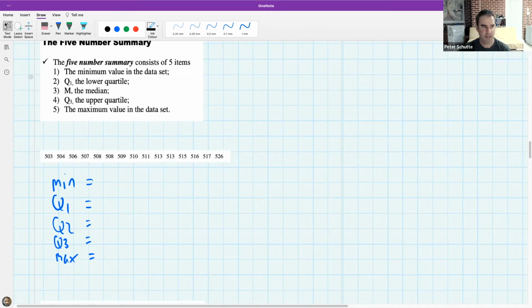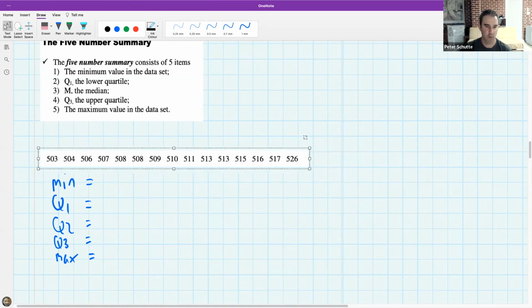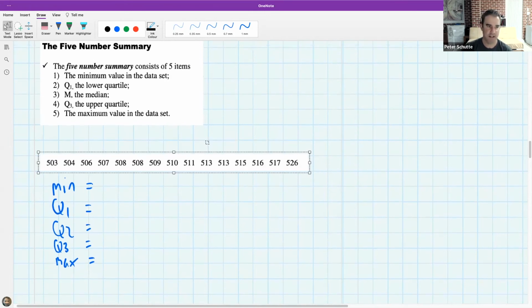So here's your data set. I've been so nice as to order it for you, so it's already going from smallest to biggest. You need to find me the 5 number summary for this data set. And these are the items in the 5 number summary: smallest value, the biggest value, and basically the quartiles.